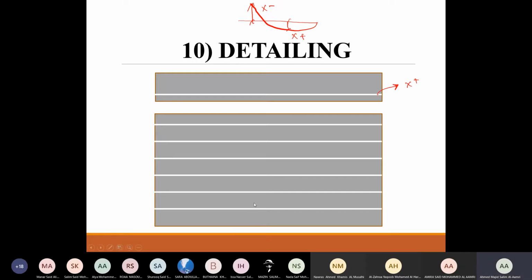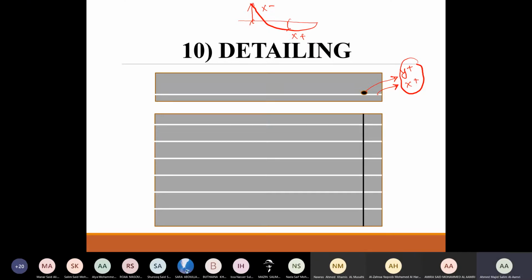Now after we finish the bottom reinforcement, we are going to go for the other side reinforcement, which is going to be your y positive. Now both of them are positive because they are acting on the bottom portion. So X positive and Y positive.